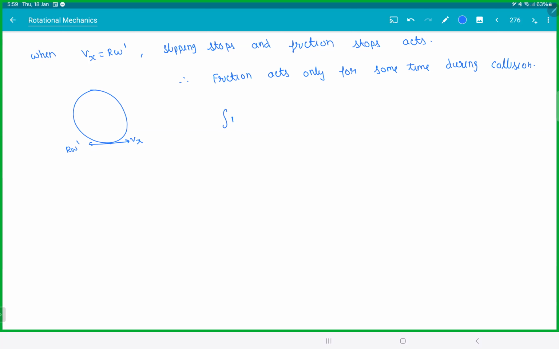So your equations will become like this. Integral N dt will be mu plus 1 by e. This is fine. Now friction will be F max. Friction is maximum, but it will act only for time dt dash, which is m Vx. Now I can't solve this. dt dash is the time for which friction acts, and here dt is greater than dt dash. dt is the time of collision.